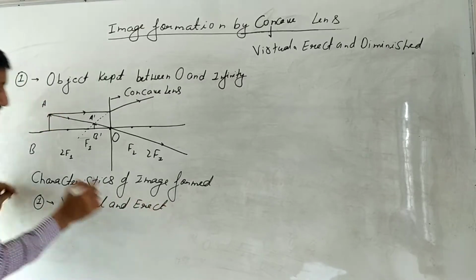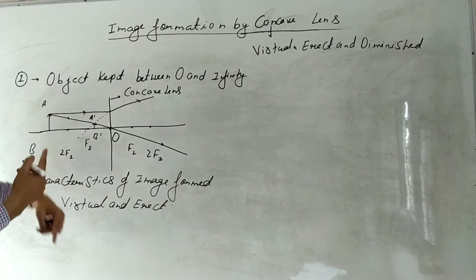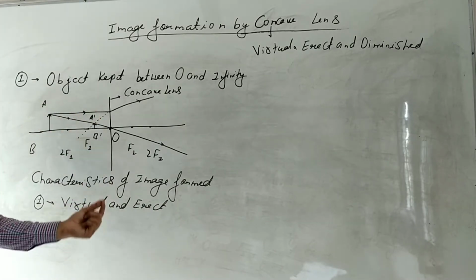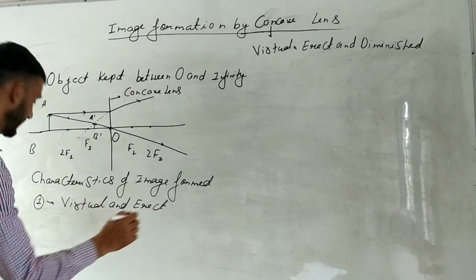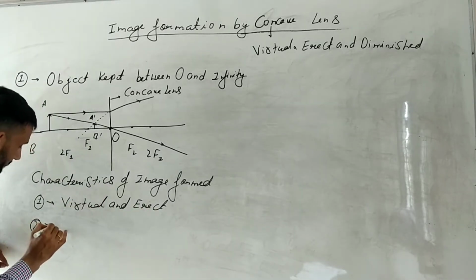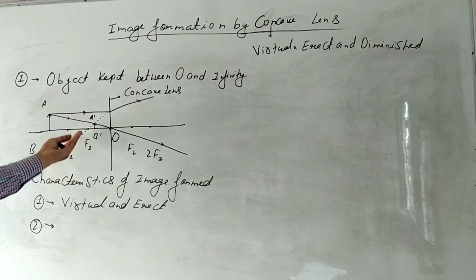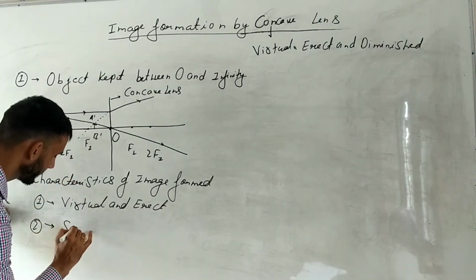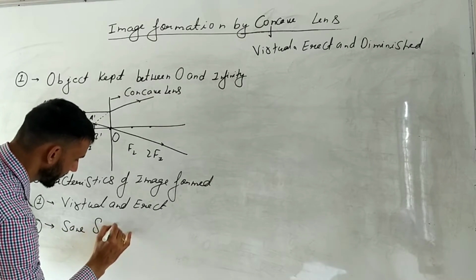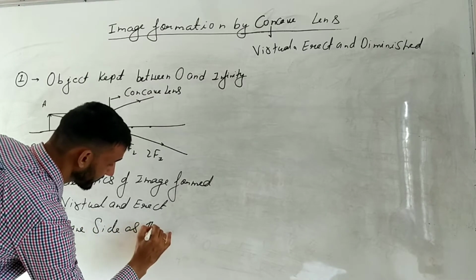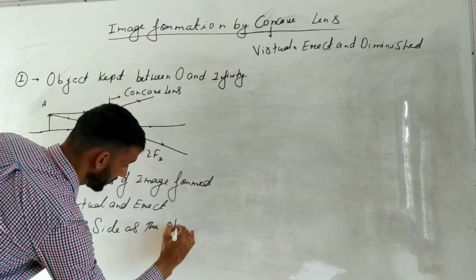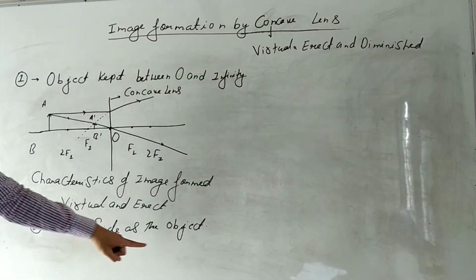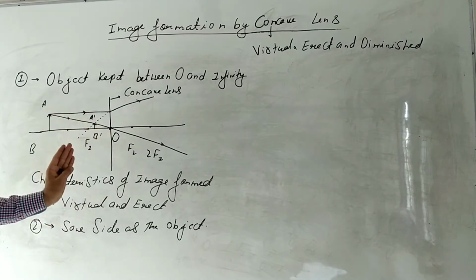So image is not upside down, it is not inverted. So inverted images are always real and they are always formed below the principal axis. So virtual and direct. Number two, about the location of the image. So you can write it forms on the same side as the object, guys. As the object, you need to understand one thing, that virtual and erect images are always formed on the same side as the object.